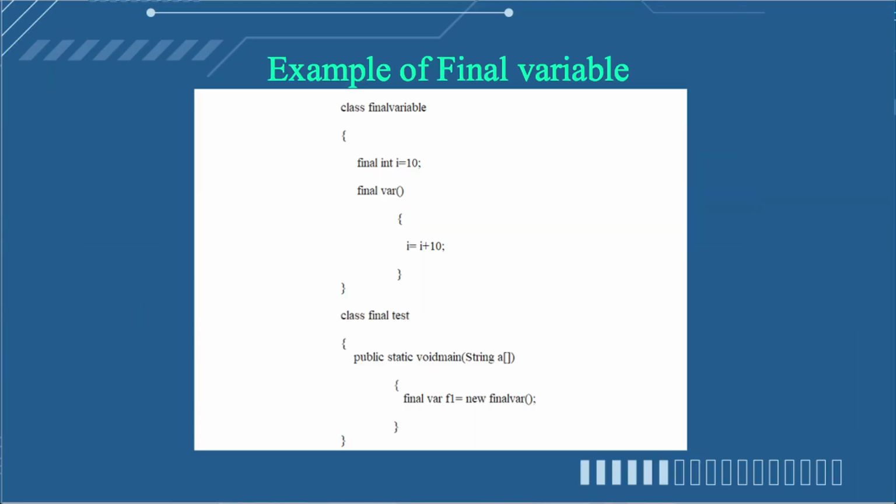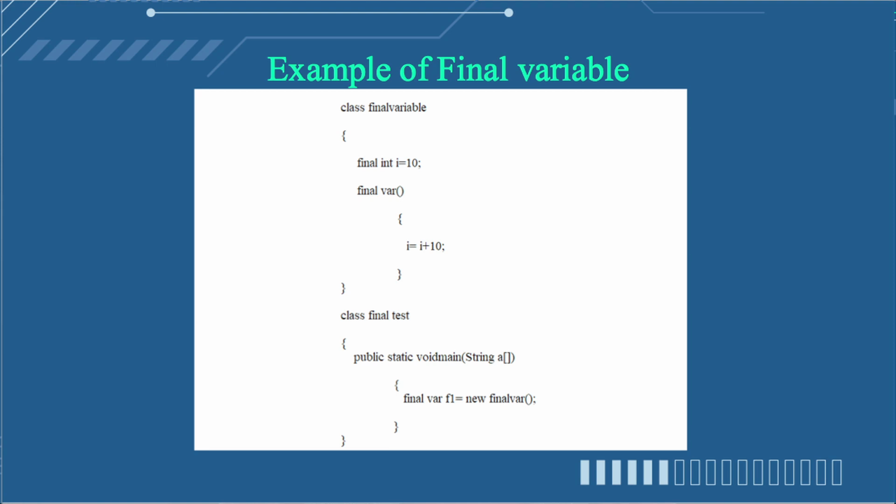First, we will take an example of initializing a variable with the final keyword. In this example, we have created a class final variable. Suppose in this class we have a final variable, integer I is equal to 10, and we have also created a constructor. Under this constructor, if I change the value of the variable I, it will show an error.